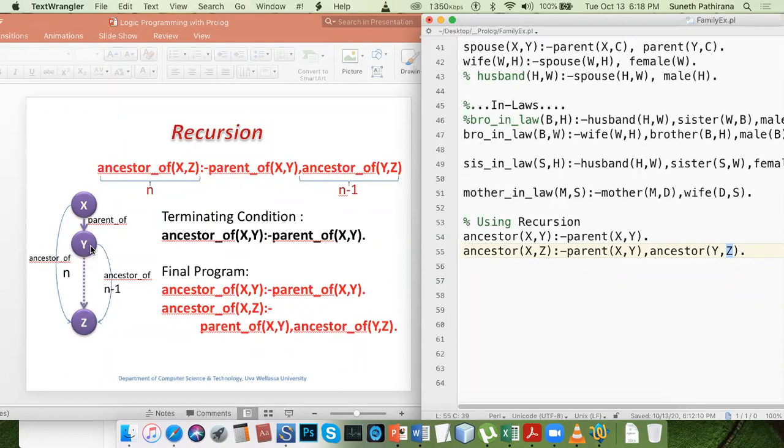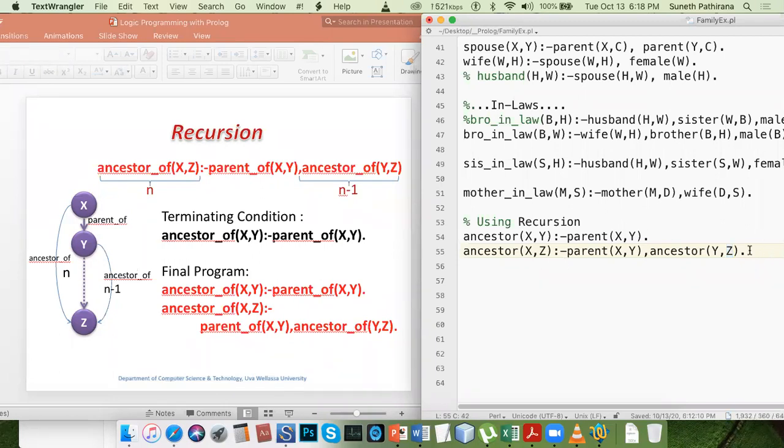So this is the hierarchy. X is at the top, Z is at the bottom, Y is at the middle level. There can be many generations between Y and Z, which are not illustrated here.